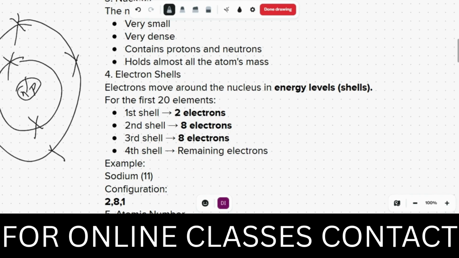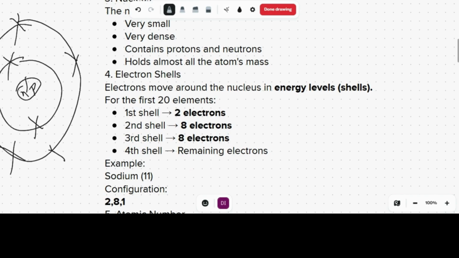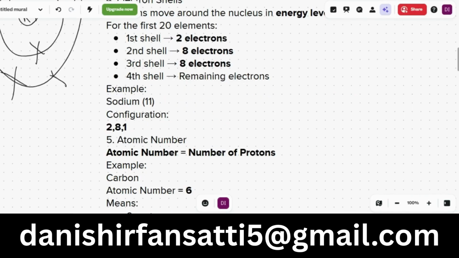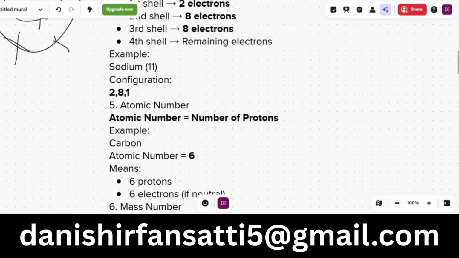As we move to the next topics, we are going to talk about the first shell, second shell, third shell, and fourth shell. For example, the first shell can accommodate only 2 electrons, whereas the second shell and third shell can accommodate 8 electrons. For example, sodium has 11, so it has an electronic configuration of 11.